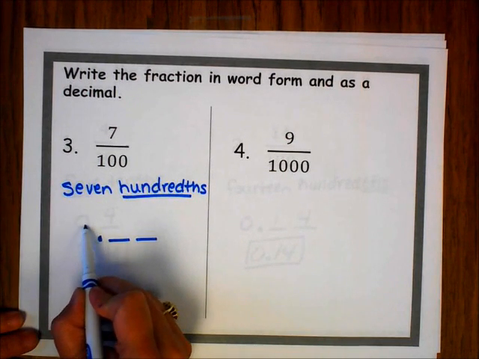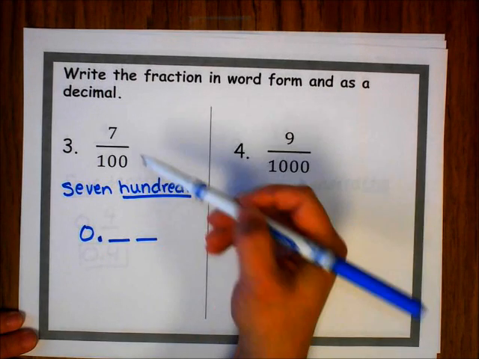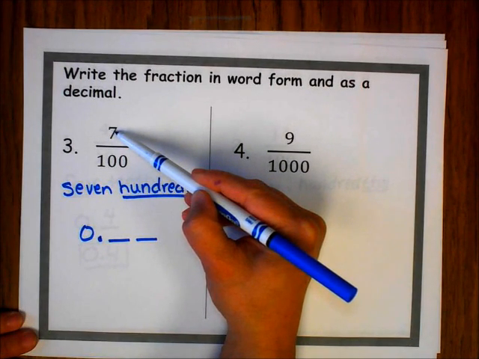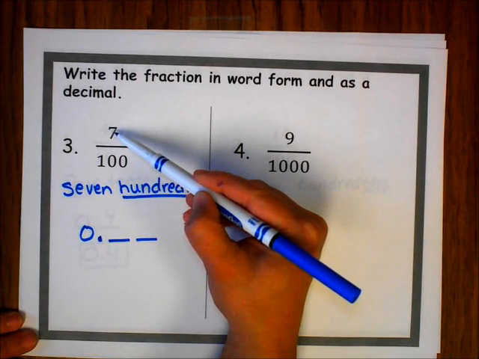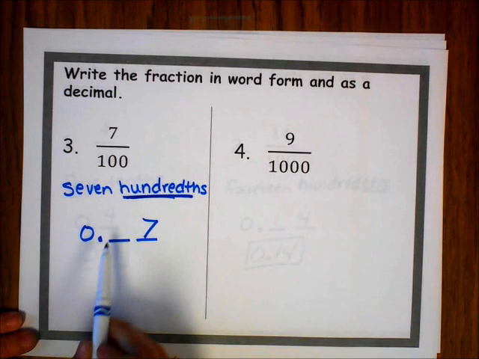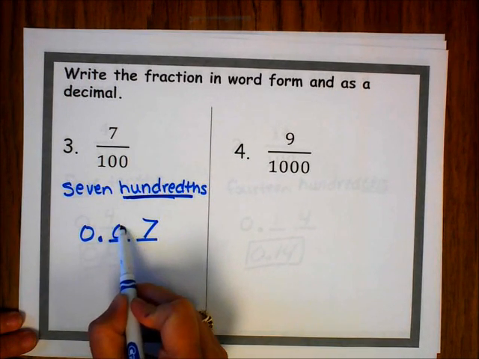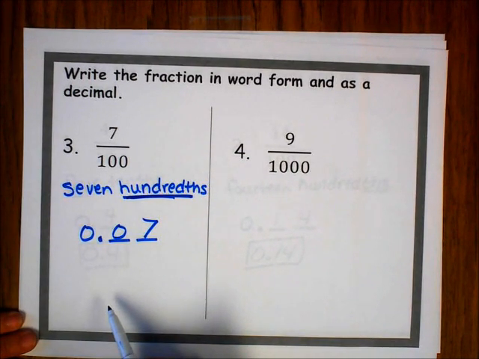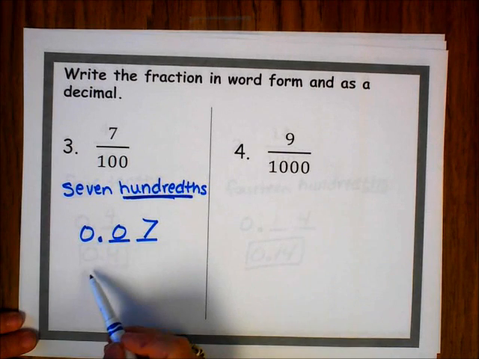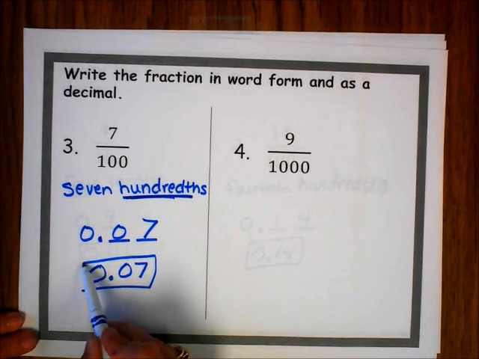I have no whole number, so I put a 0 as a placeholder in the ones place. Now notice, I only have one number to fill in for now, and that's a 7. The 7 must go in the hundredths place. I do not have a number to go in the tenths place, so I put a 0 for a placeholder. So the correct way to write 7 hundredths as a decimal is 0.07.